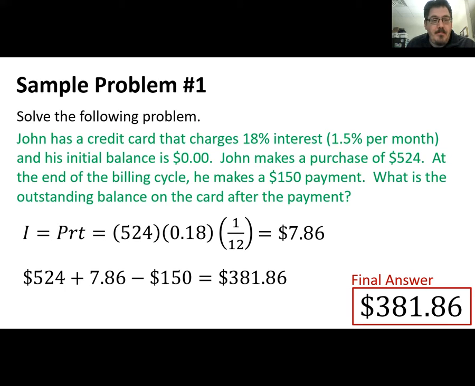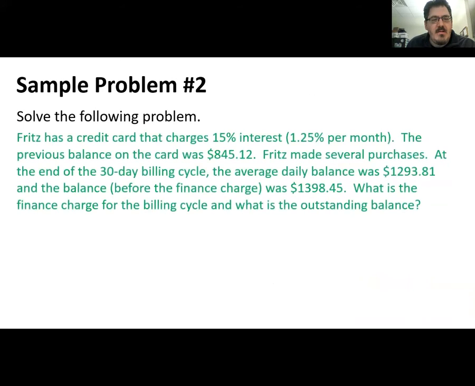All right, now let's look at a slightly different situation involving credit cards. In this problem, what we've got is a situation where, again, we got a credit card. Fritz, in this case, has a card that has 15% interest. The previous balance on the card was $845.12, and then he made several purchases over the course of the billing cycle.